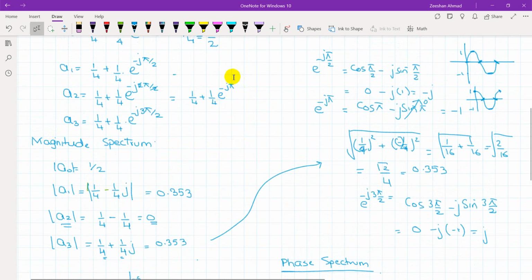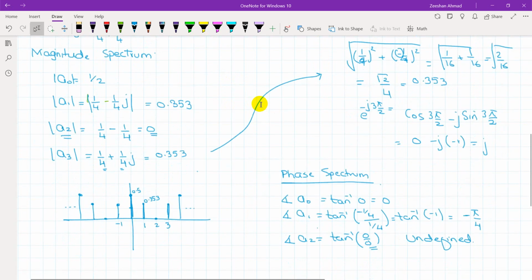If you see here, when we find e power minus j pi by 2, this was giving me minus 1 here, so it becomes 0. So obviously this coefficient is 0 here, and against this coefficient we don't have any phase. So we cannot solve it, that's why I write undefined for this one. There will be no coefficient, no angle here, because there is no coefficient even here.